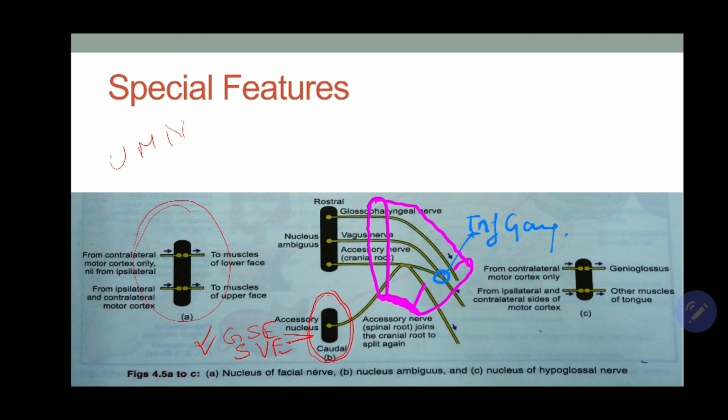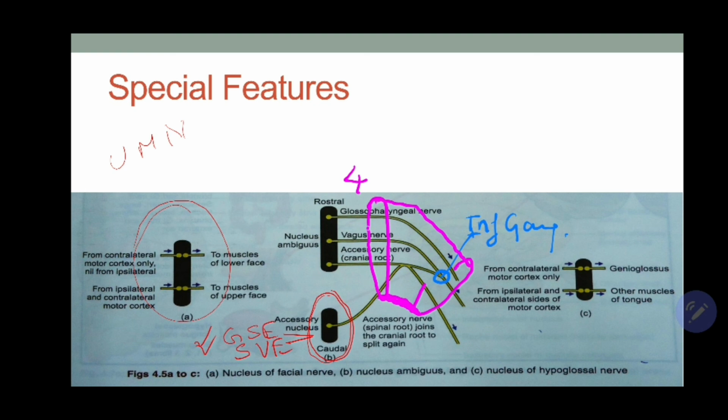Now you have to see a very easy thing. If it is asked how many cranial nerves, let me specify cranial nerves, because there is a meningeal branch of vagus which is actually entering back into the cranium. So it's better to say cranial nerves. The question I'm asking is, how many cranial nerves enter the jugular foramen? The answer will be 4.